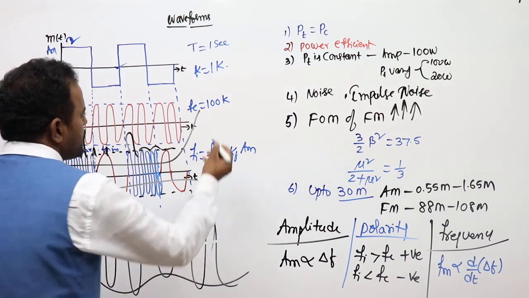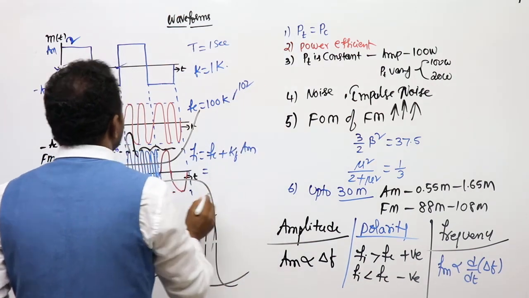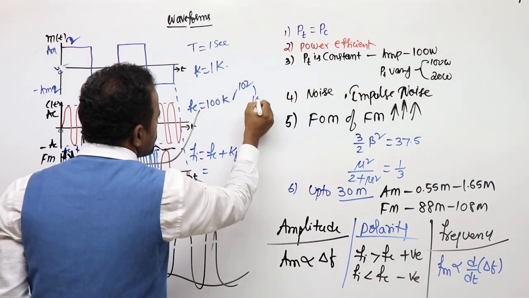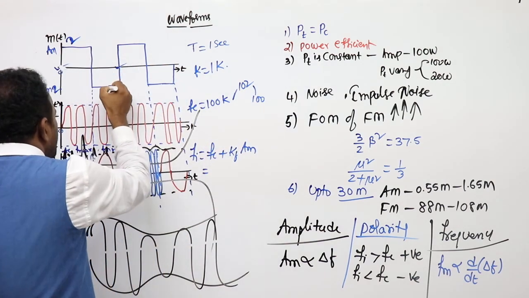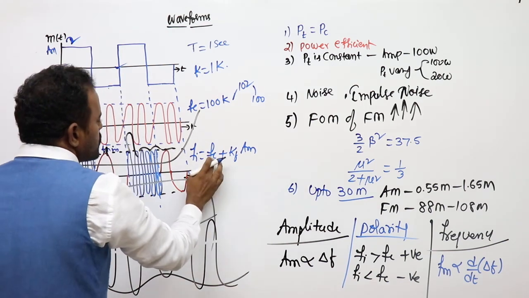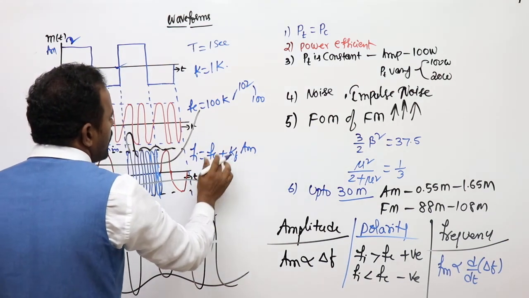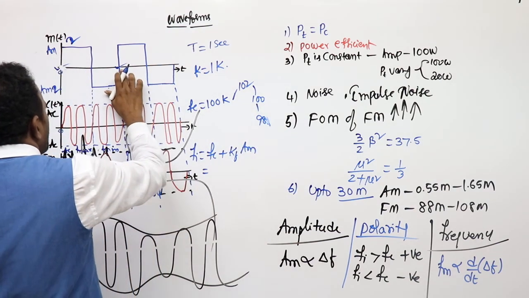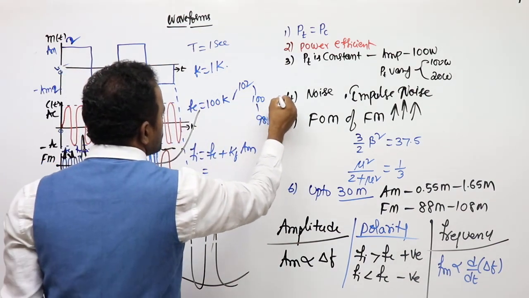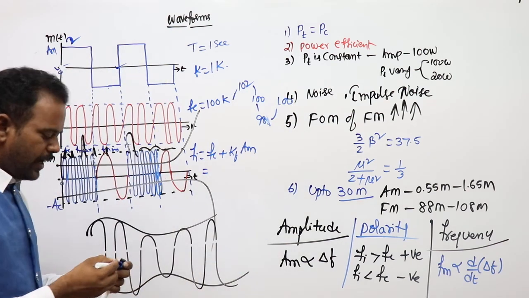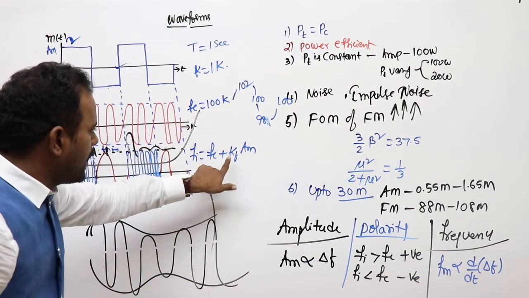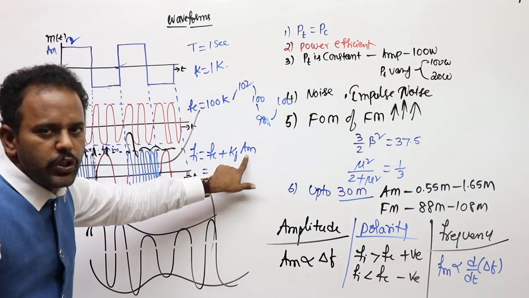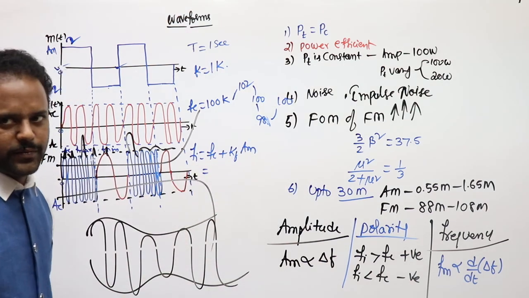Later it is 102. One more time, m of t is 0, so it becomes 100. Later it is minus 2, so Fc minus 2 is 98. And one more time it comes to 0, so it is 100. See, Kf value 1, Am value varying 0, 2, 0, minus 2, 0.